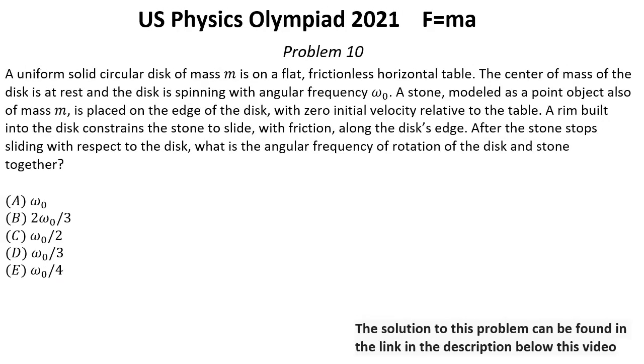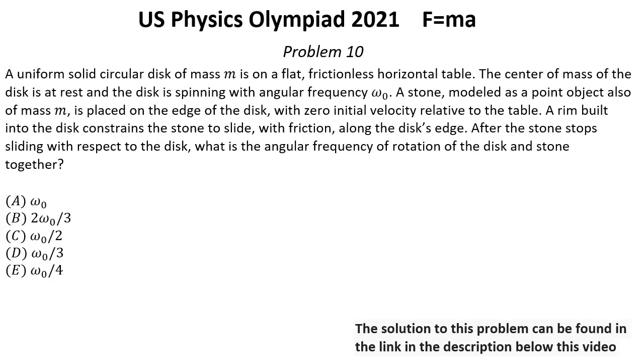Problem number 10. A uniform solid circular disk of mass m is on a flat, frictionless horizontal table. The center of mass of the disk is at rest and the disk is spinning with angular frequency omega 0. A stone modeled as a point object also of mass m is placed on the edge of the disk with zero initial velocity relative to the table.